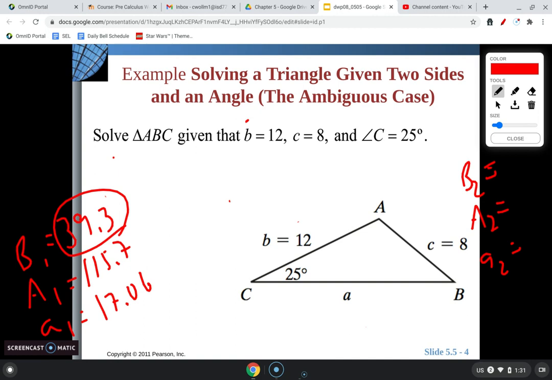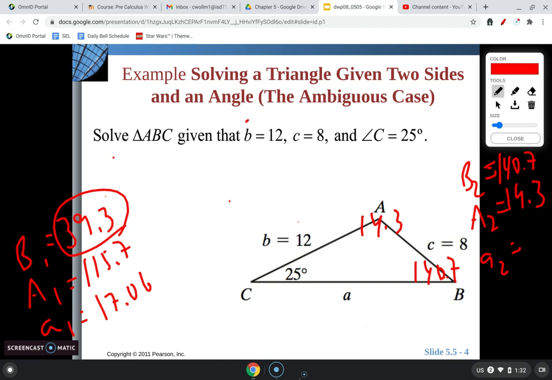So 180 minus 39.3 is 140.7. Okay. So now we're going to use those to find our other stuff. So now we go 180 minus 140.7 minus 25, which gives me 14.3 for A.